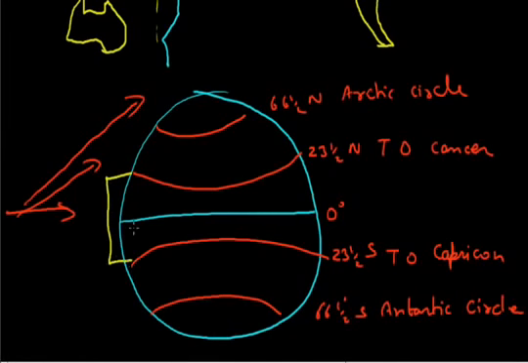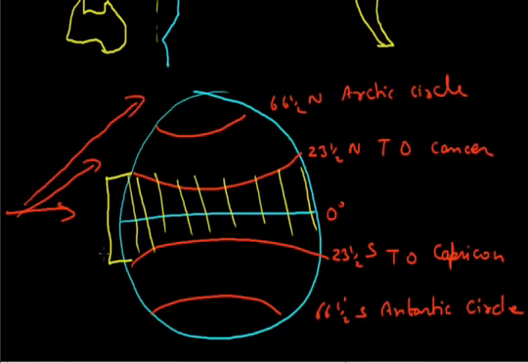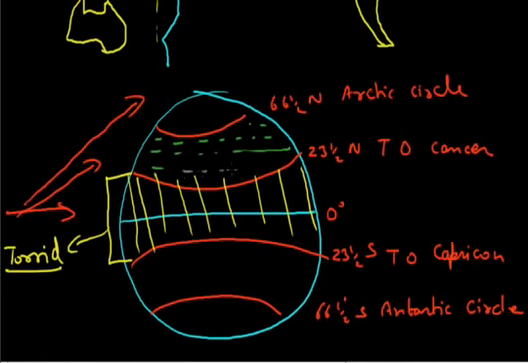This zone where heat goes directly, the heat is too much, and this particular zone is called the torrid zone, while this is the central zone. We'll talk about it later. Before that, let us go to the north and southmost zones.